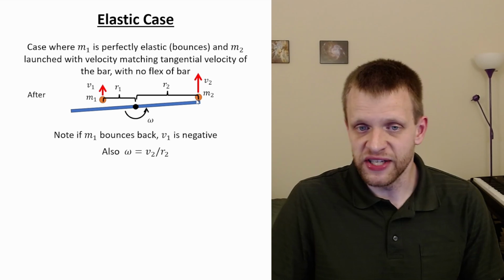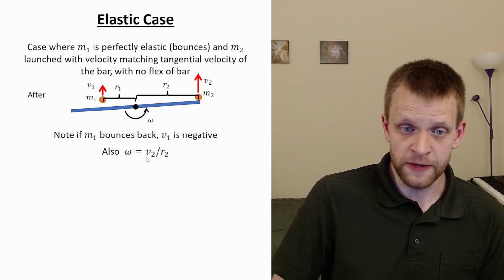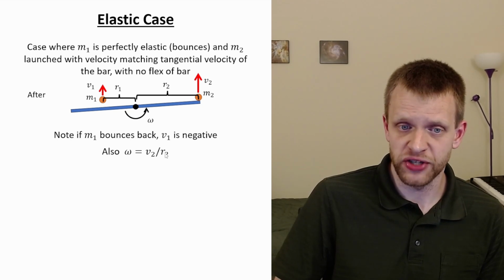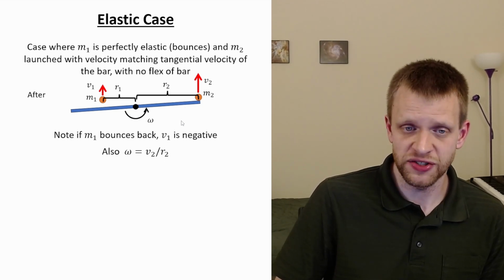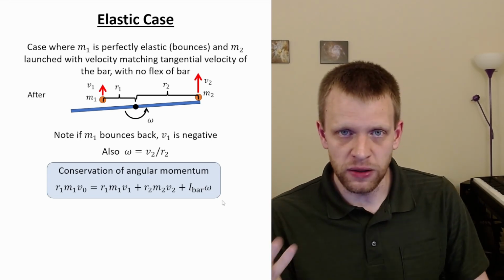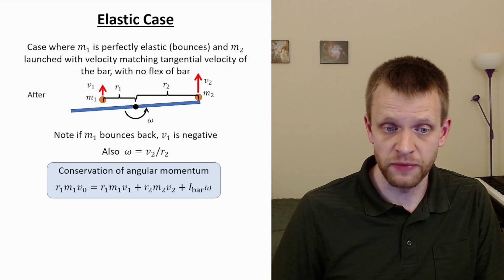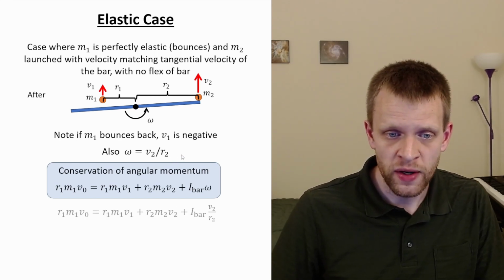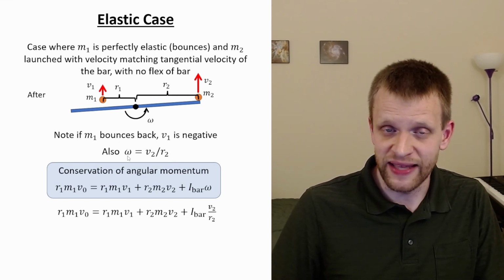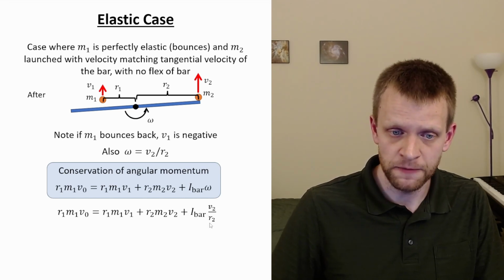Since we're launching this mass the same way, we can still say that angular velocity is related to the velocity of object 2 and that R2 distance. And we can again apply this to our conservation of angular momentum equation. If I say that this angular velocity is V2 over R2, I can replace that angular velocity in this equation.